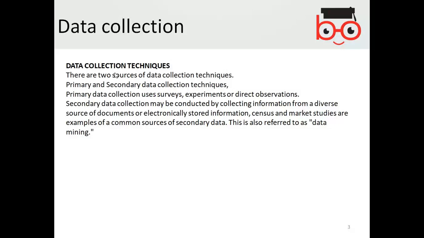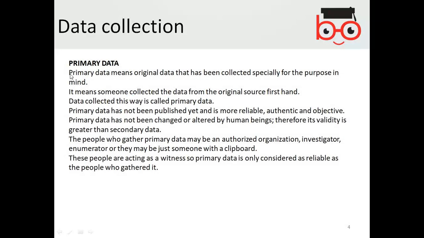You should be able to select, and know, what kind of data you will be using in your research. So let us see these types of data in detail. Primary data means original data that has been collected specifically for the purpose in mind. With primary data, you are the person dealing directly with and generating the data.